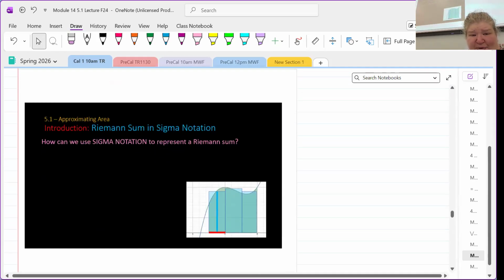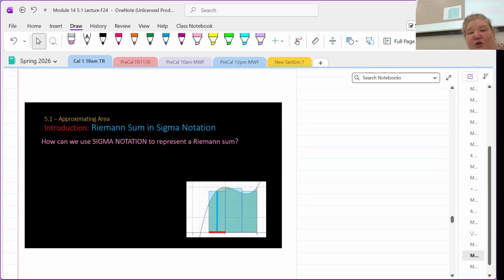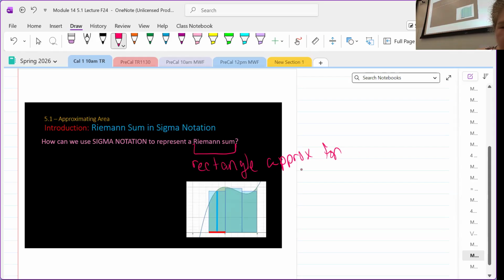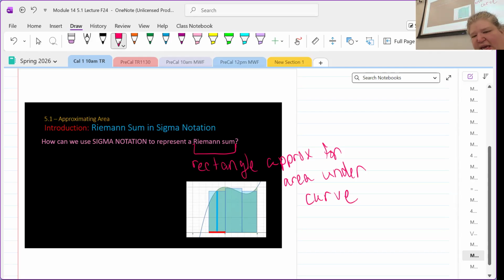So now back to our calculus. My Riemann sum is just a fancy way of saying do the rectangle approximation for the area under the curve. So we can use sigma notation to do this.